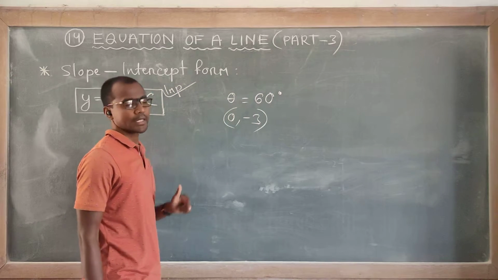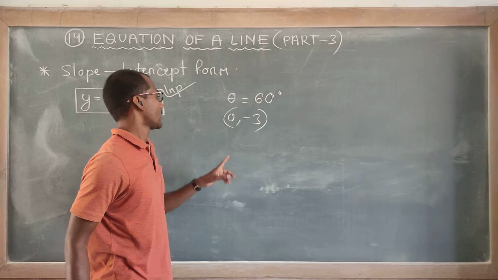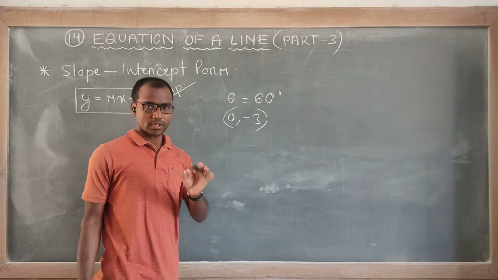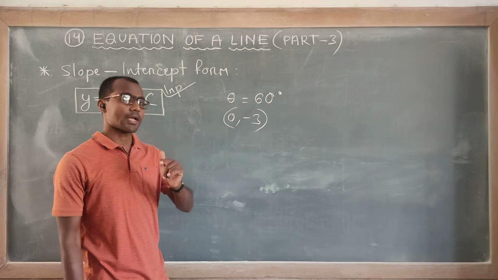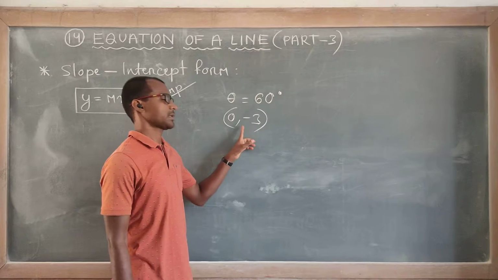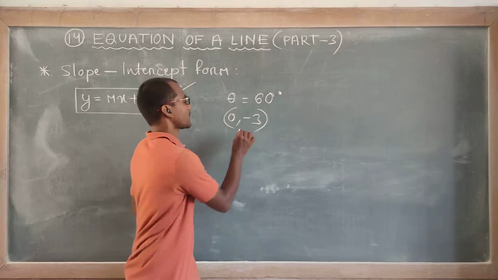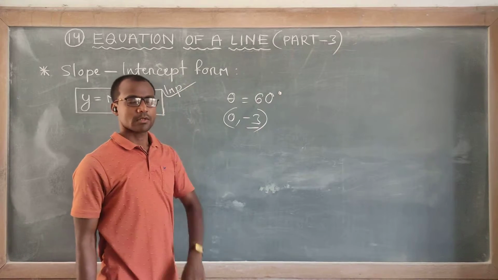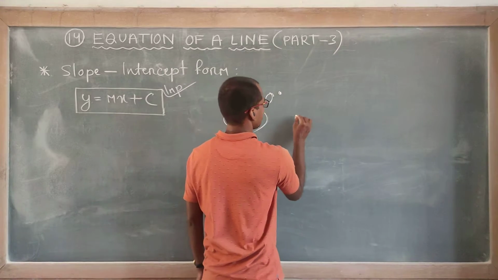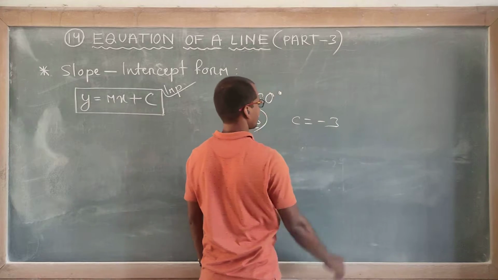So the angle of inclination of the line is given and one point on the line is given. Actually the point where the line is intersecting the y-axis has been given to you. Here you can see x coordinate is 0. So definitely this minus 3 is the y-intercept. So we can write c is equal to minus 3.